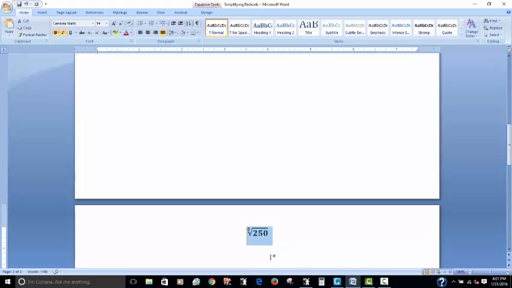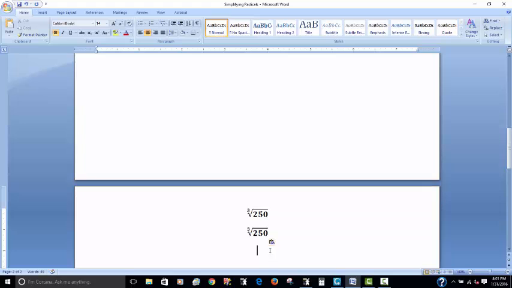Well, prime factorization, the cube root of 250, I could break down as the cube root of 125 times the cube root of 2, right? Because 125 times 2 does indeed give me 250.